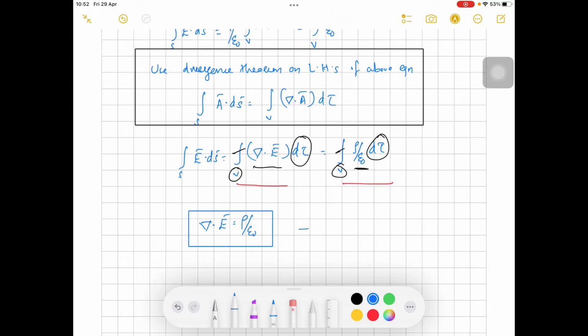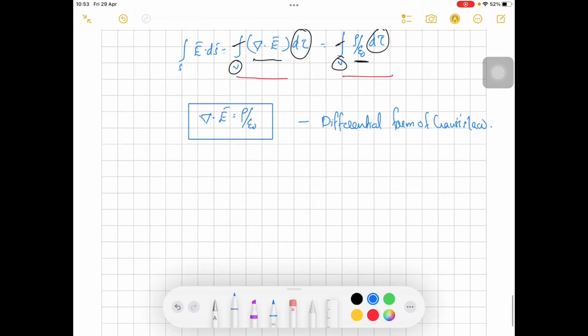Okay, this is the differential form of Gauss's law. So this is the differential form of Gauss's law in electrostatics, especially in electrostatics.